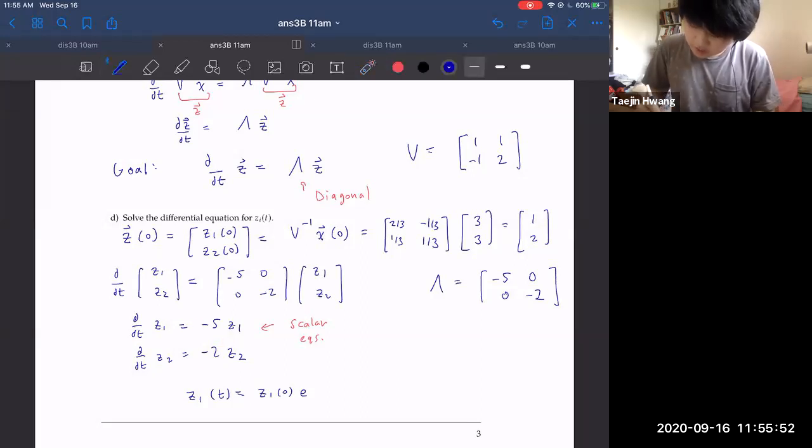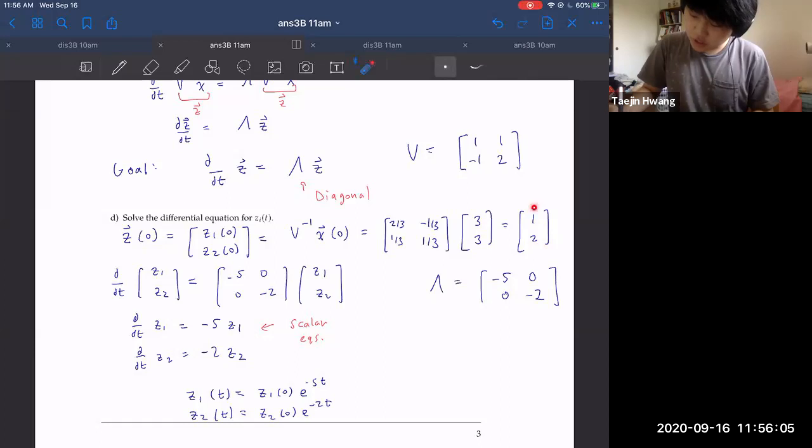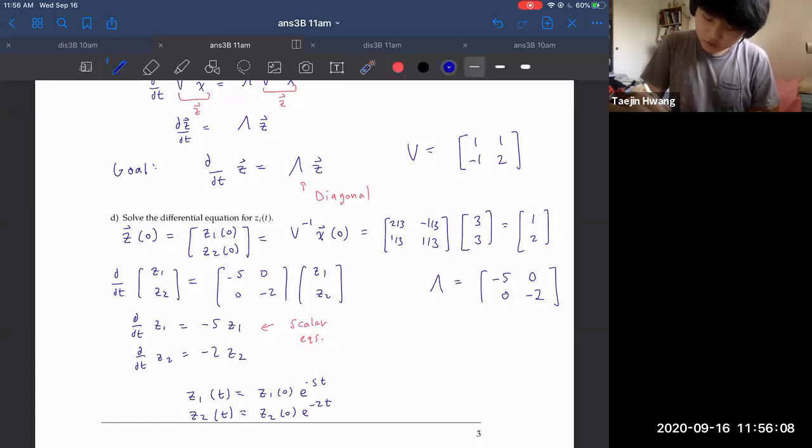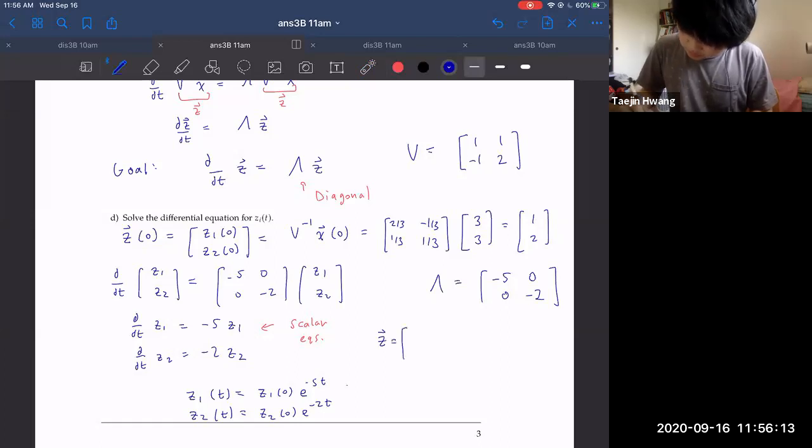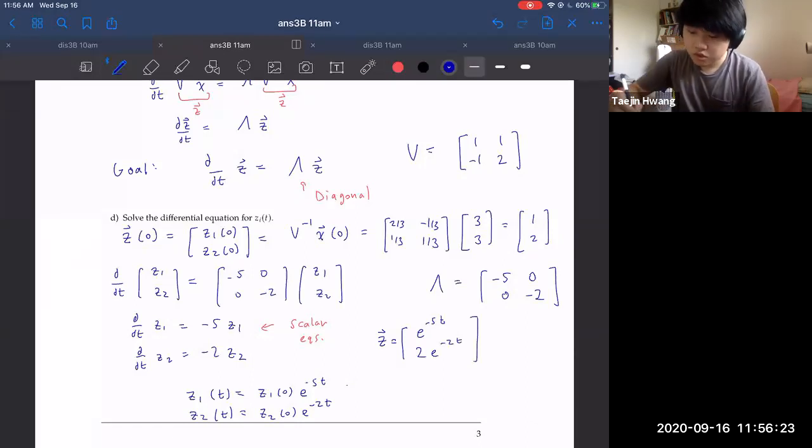So it's going to be e to the negative 5t and e to the negative 2t. Then we can plug in our initial conditions to get z1 equal to e to the minus 5t, and z2 equal to 2e to the minus 2t. So this is our solution in terms of z. Any questions about this?